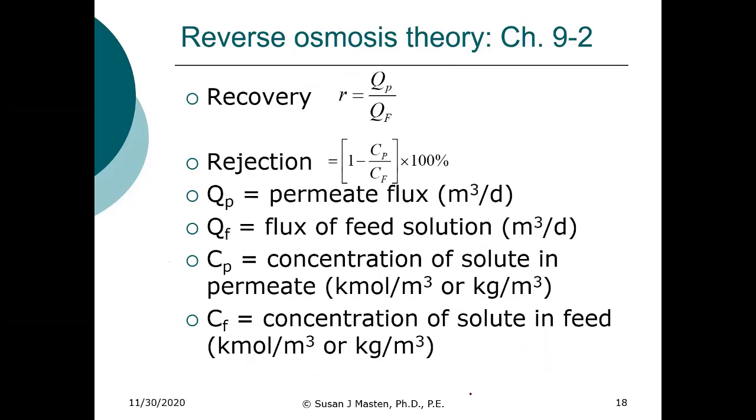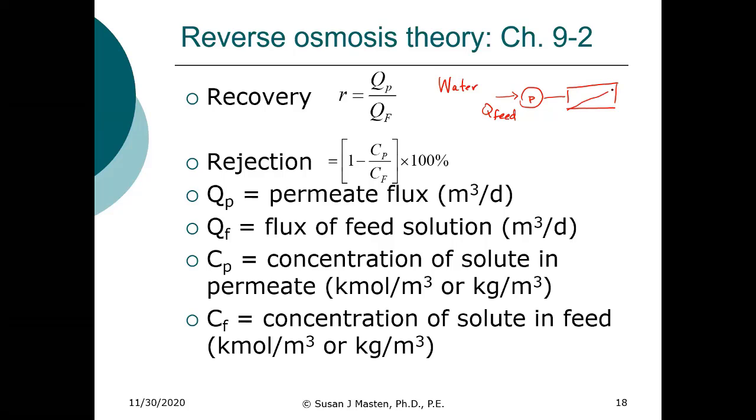We also talk about recovery. When we talk about recovery, we're talking about the water. So for instance, we have a water stream and we have a pump, and then that water passes through a membrane. A certain portion of it will be our product stream, and a certain portion is the reject stream.